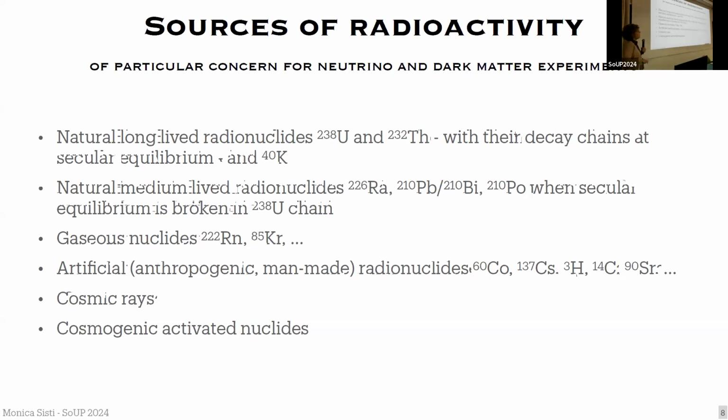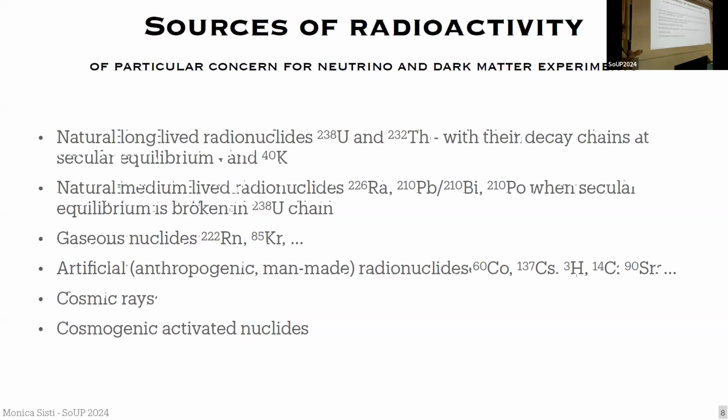And since radium has quite a long half-life, it can form its own decay chain, like lead-210, and as we have seen many times, we can find also polonium-210 in several situations as a single contaminant, especially on surfaces.